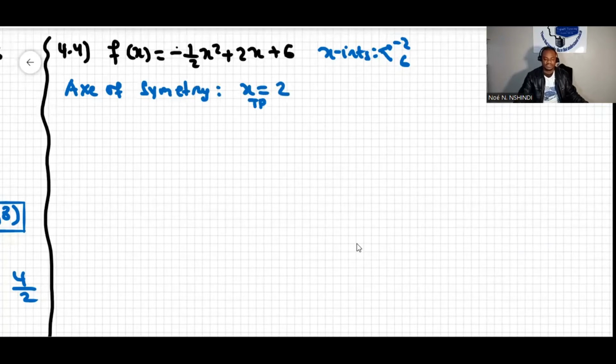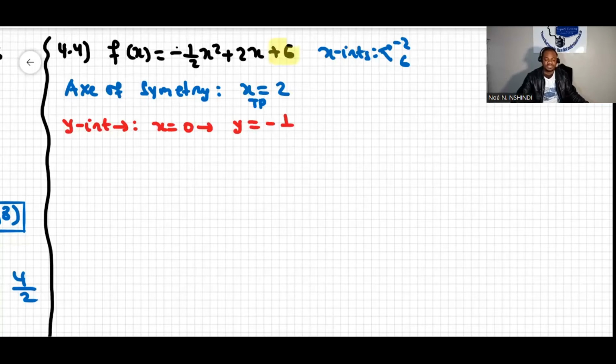And what else? Okay, we don't have the y-intercept, so let's find the y-intercept. Y-intercept implies that x equals 0. Actually, I don't really need to do that, because the constant term will always be the y-intercept.